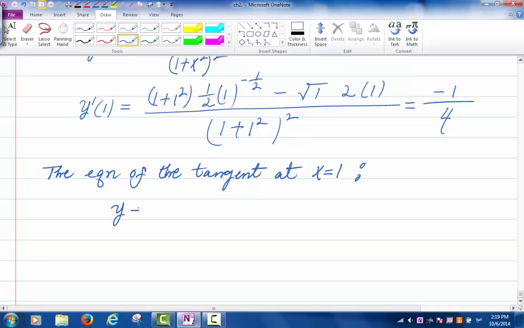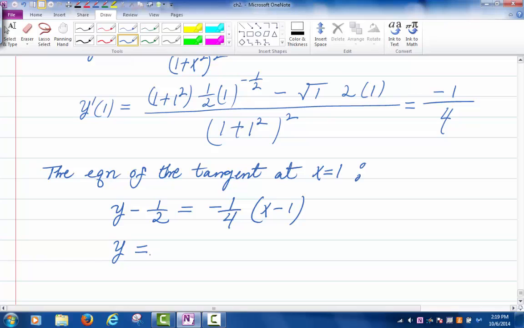Y minus, what's the second coordinate? 1/2. What's the slope? And x minus the first coordinate of the point is 1. So that's it. If you want to write it in the point slope formula, maybe your web assign likes point slope formula.